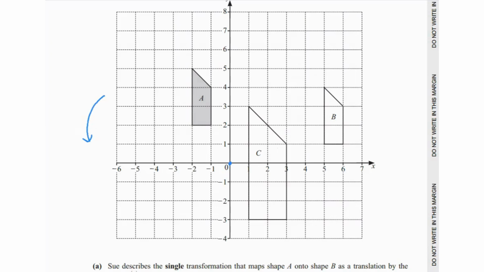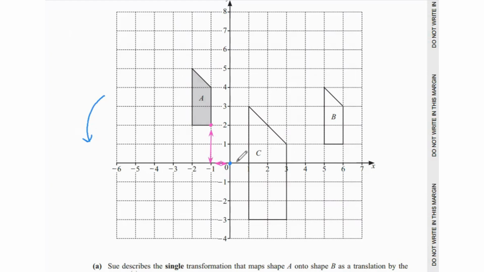So we check out the vertical and horizontal distance of each point on shape A with respect to the center. So for the first point that I've marked, the vertical distance is 2 and the horizontal is 1, which means for the image, your horizontal will be 2 and vertical will be 1.